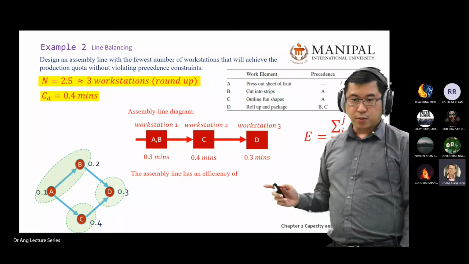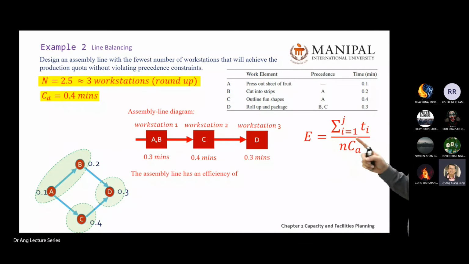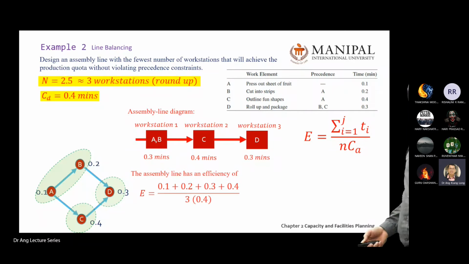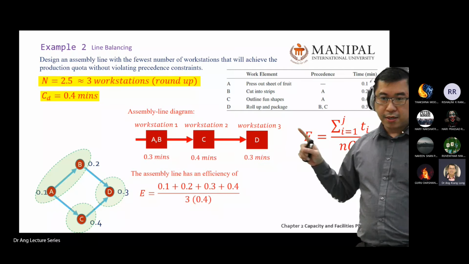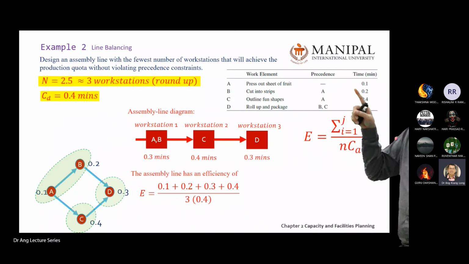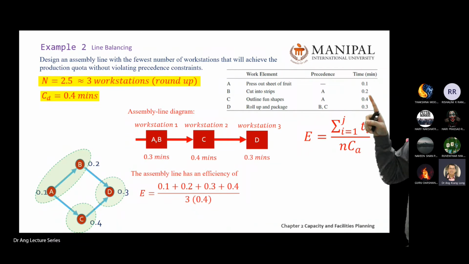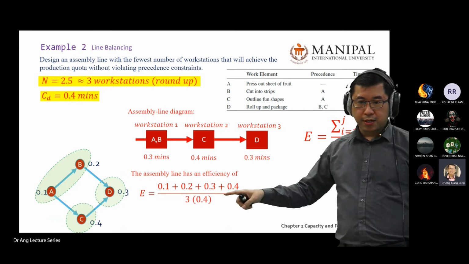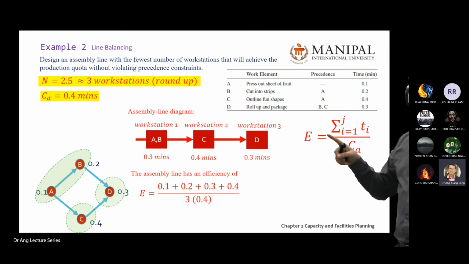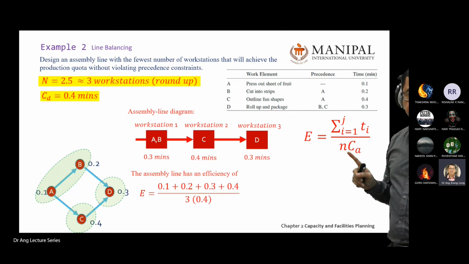So for efficiency, you use this formula. E equals all the time taken to produce, 0.1, 0.2, 0.4, 0.3, on the top. Total time needed. Below, N is the number of workstations.